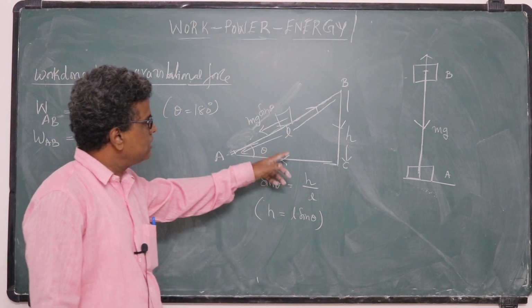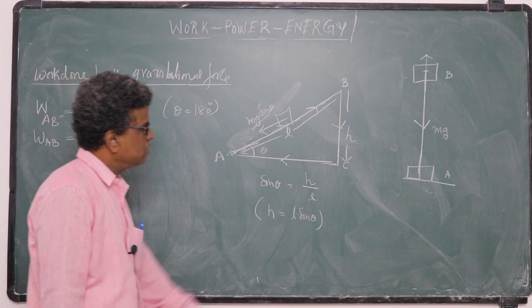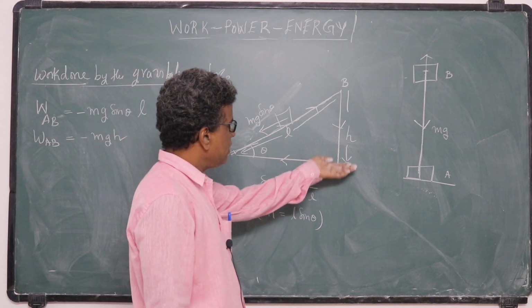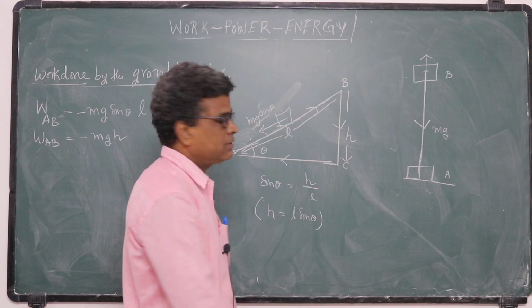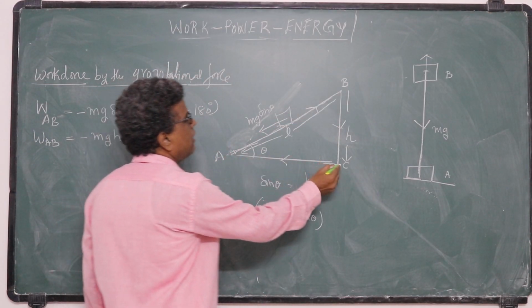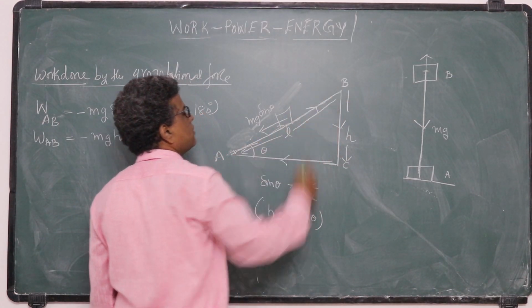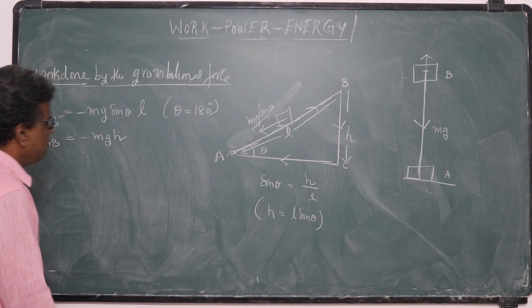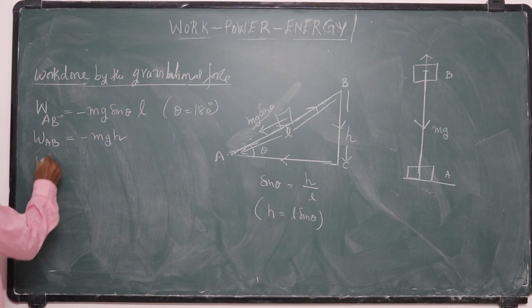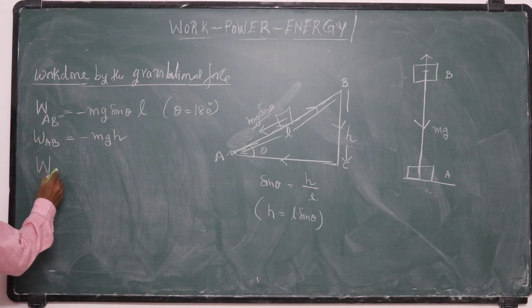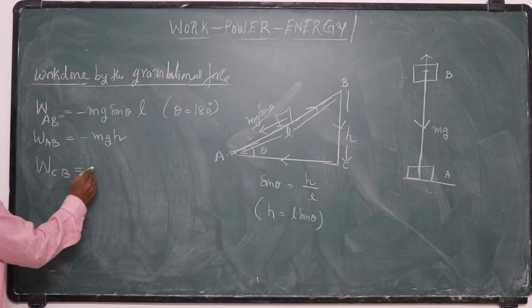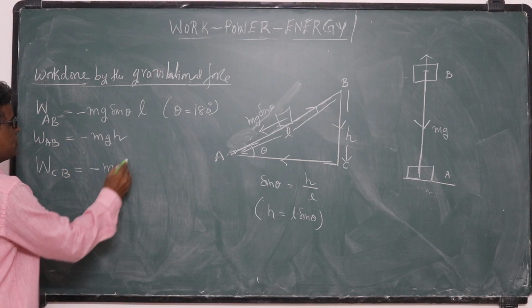So work done to lift the object is independent of path. If you lift to a height h, like this or like this, you will get the same work done, from the ground. Work done to lift an object from C to A, or C to B, is also mgh.